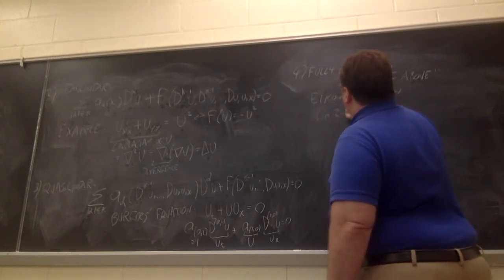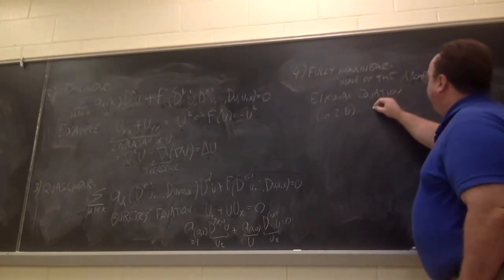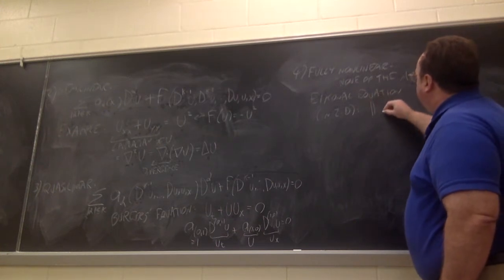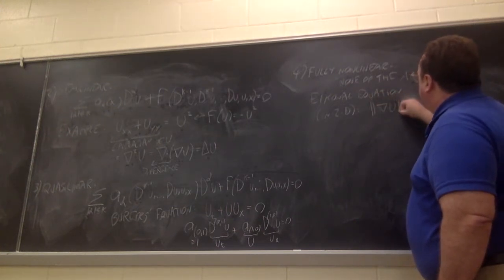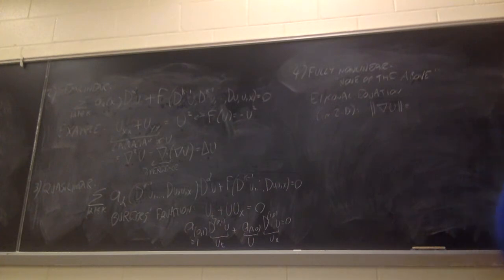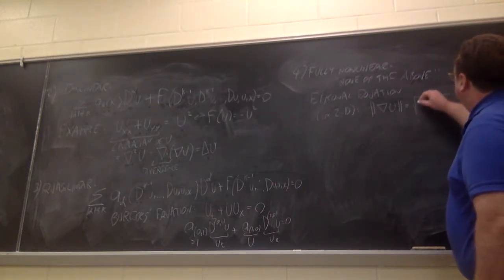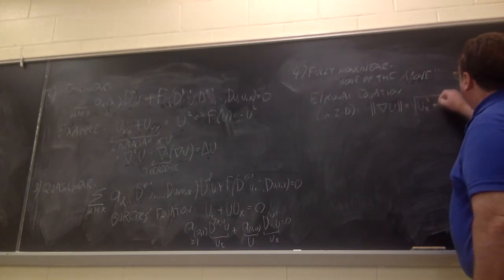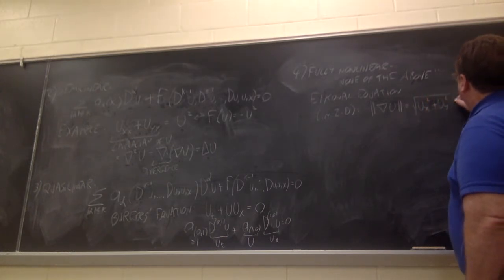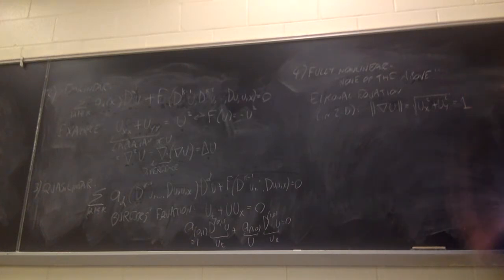I'm just going to write it out in 2D, where we have the magnitude of the gradient. A gradient is a vector, and the magnitude of a vector is the square root of the sum of squares. So in this case, that would be the square root of ux squared plus uy squared is equal to 1. That's the eikonal equation.